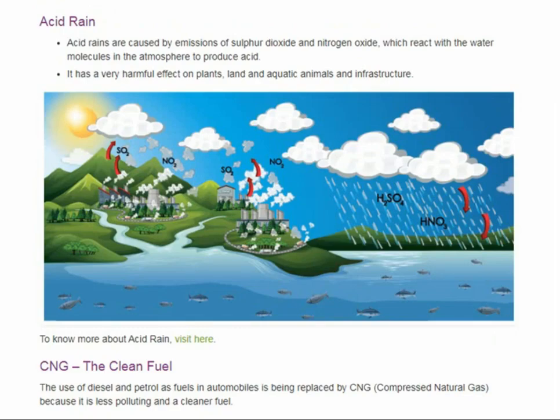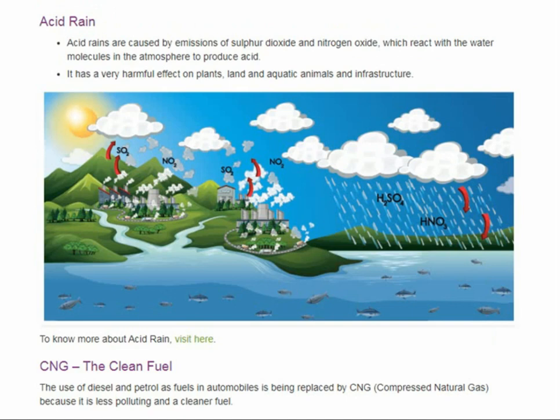Now, acid rain. Acid rain is a very big threat. Acid rain is caused by emissions of sulfur dioxide and nitrogen oxide, which react with water molecules in the atmosphere to produce acid.